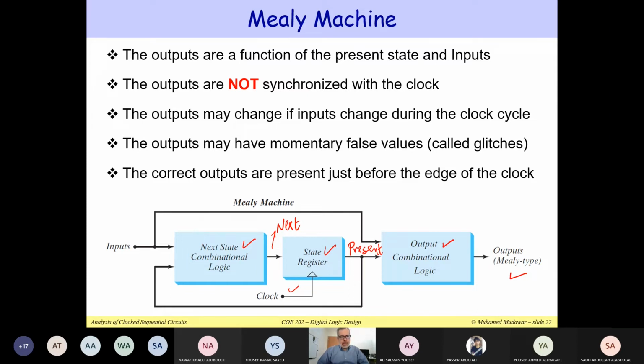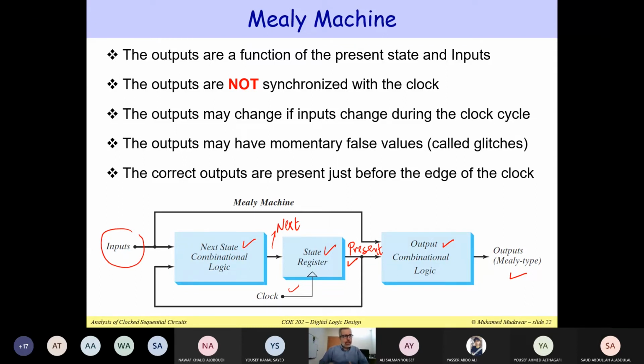Now, the problem with this Mealy sequential circuit is that the outputs are not truly synchronized with the clock. Notice that the output depends on the inputs, and the inputs can change at any time. The inputs are not really synchronized with the clock. The present state here is synchronized with the clock. We change the state at the edge of the clock.